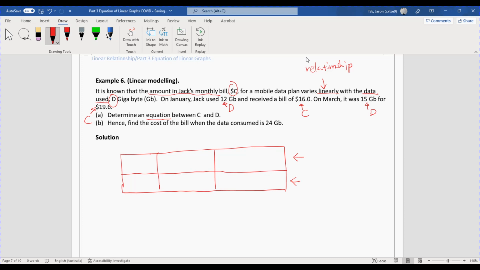But they are not using X and Y, aren't they? So you need to think the first row should be the independent variable. I can't say it's a must, but it's just a convention, if you can understand. Convention means the normal way we do things. The independent variable first, and the second row should be the dependent variable.